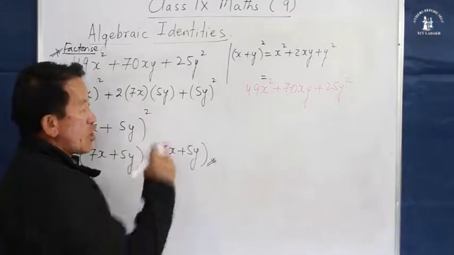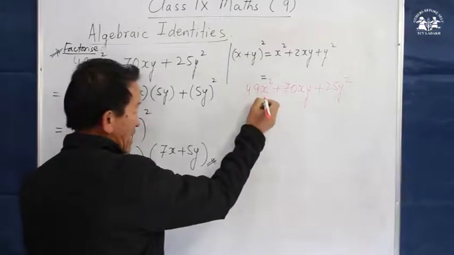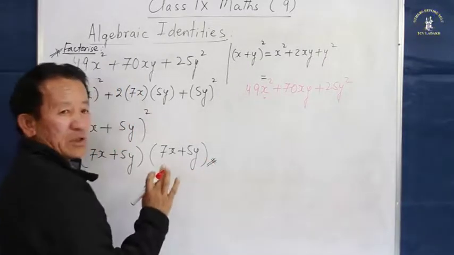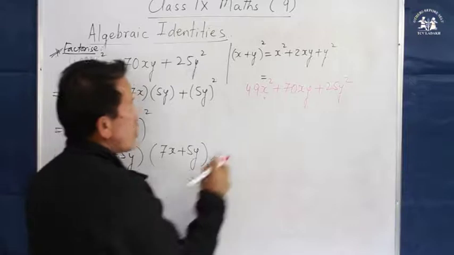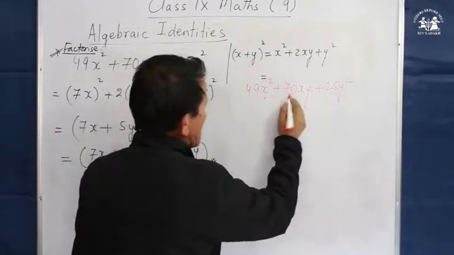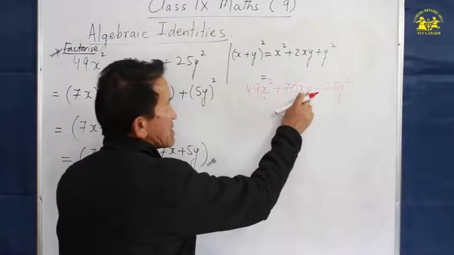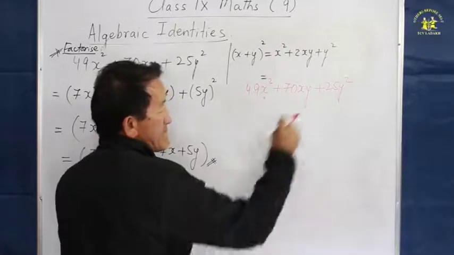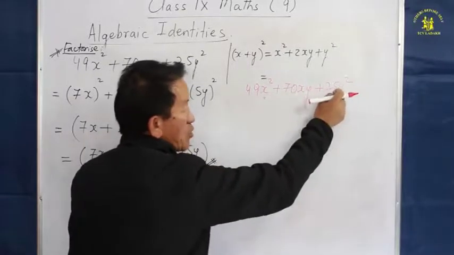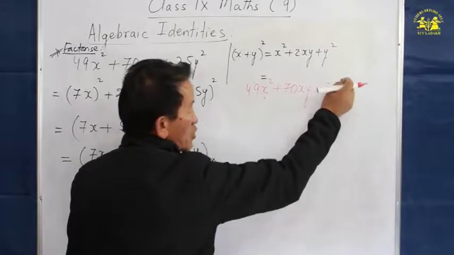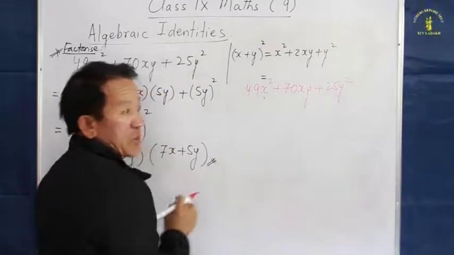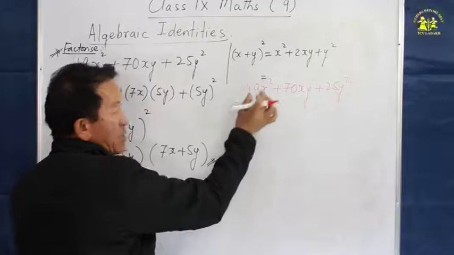Now what do we do? We shall consider x as the main variable, so we split the middle term. The middle term is 70xy, and the constant is 25y square. Though it contains a variable, we shall consider x as the main variable.